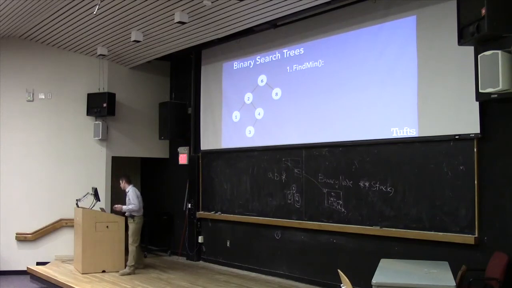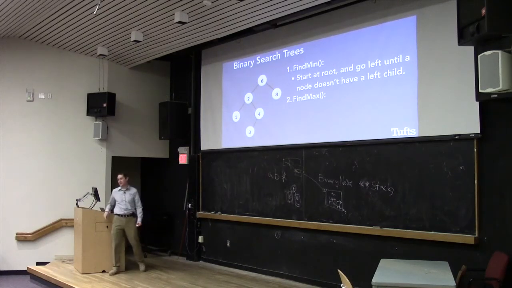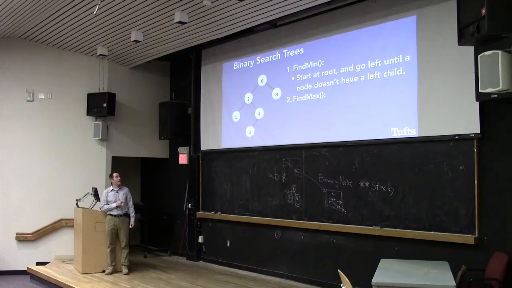In the same way, we have find max, which is exactly the opposite. Go right until you can't go any farther, and then there's nothing there. That's the one that's the maximum. That's the way the tree gets built. If we tried to put a 9 in here, it would be to the right of 8 and 10.